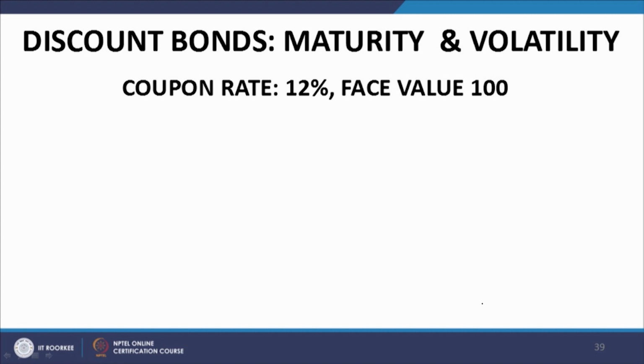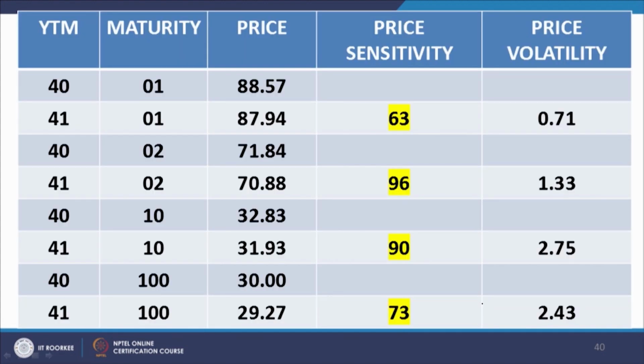The issues that I have explained just now are illustrated in this example. Let me bring to you this example in some detail. The YTM I have taken at 40% and 41% for computing the changes in price and the percentage price changes.